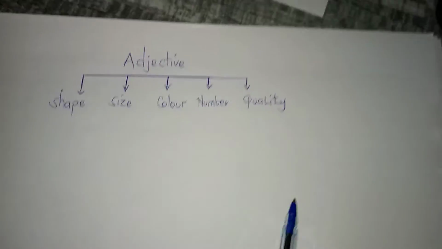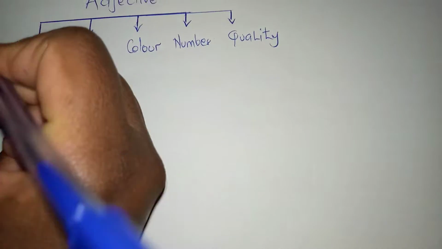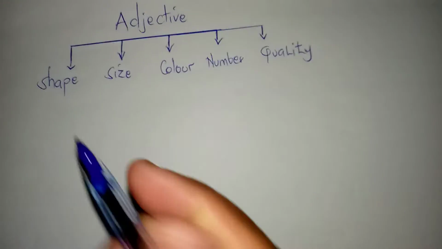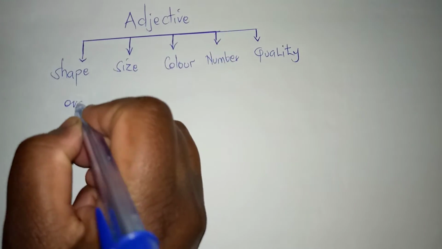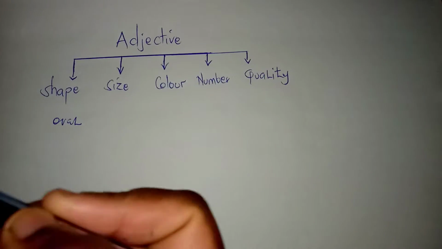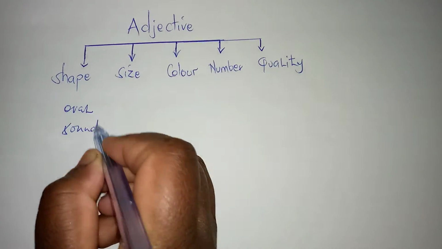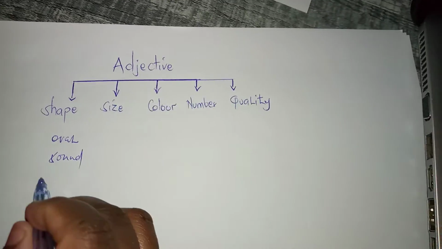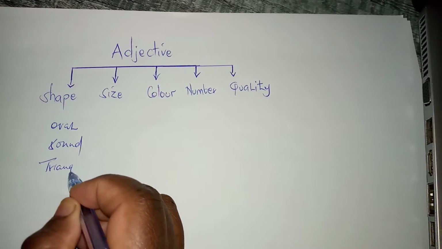So the shape can be oval, it can be round, it can be like a triangle or a triangular thing.